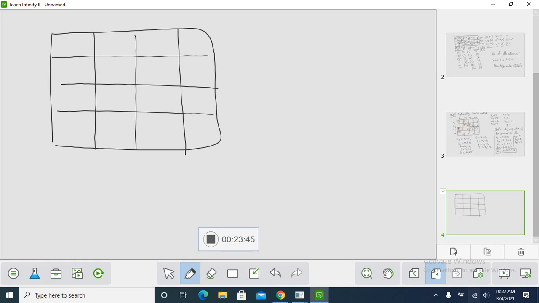I have 6, 1, 9, 3. Then I have 11, 5, 2, and 8. And then I have 10, 12, 4, 7. And then I have a dummy row comprising of all zeros.